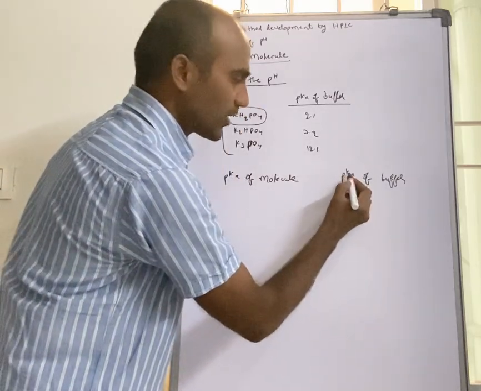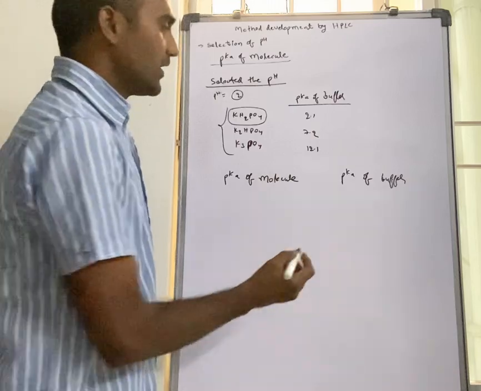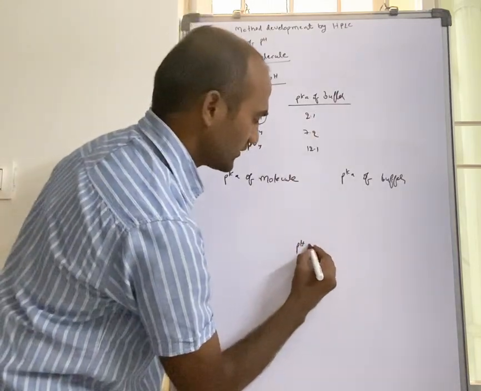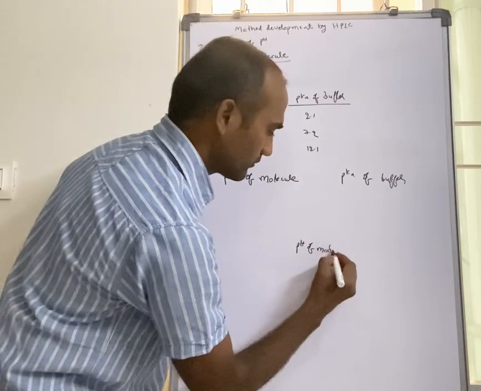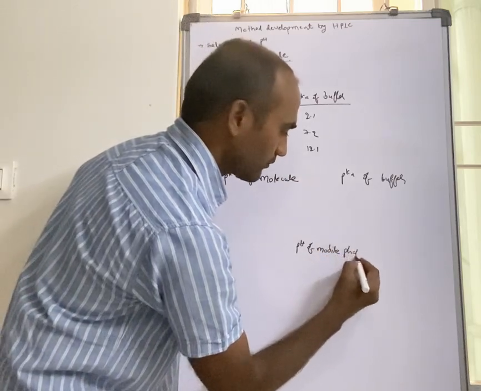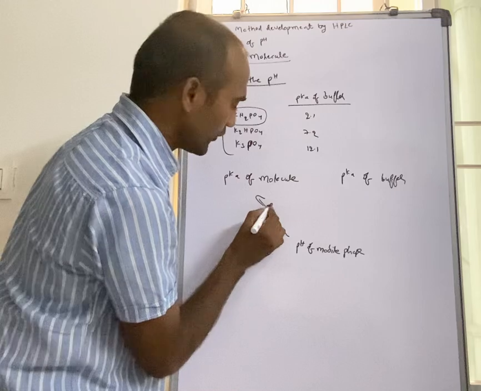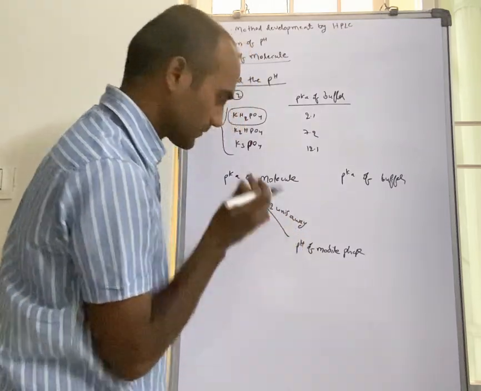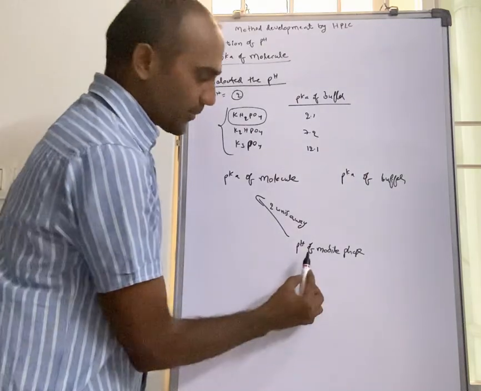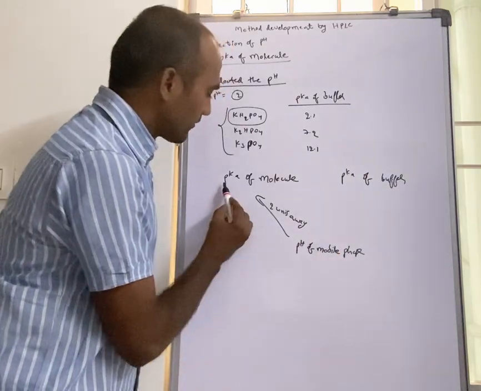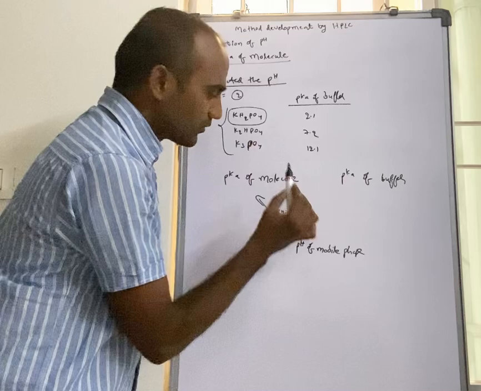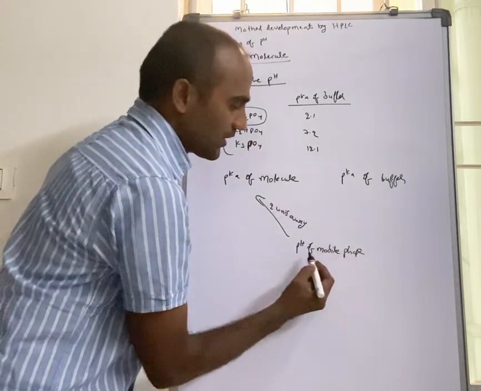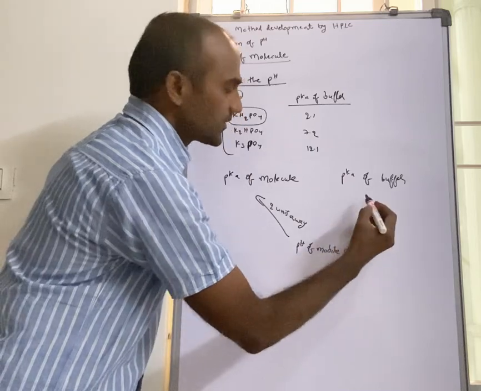Here one more term is there, the pKa of the buffer. The pH of the mobile phase should be 2 units away from the pKa of the molecule, and the pKa of the buffer should be near the pH of the mobile phase.